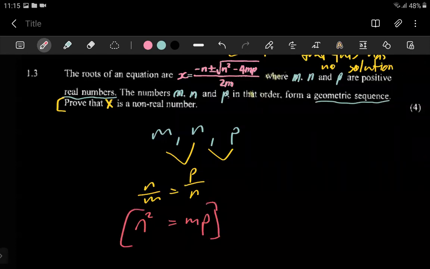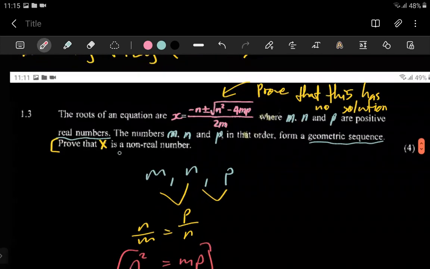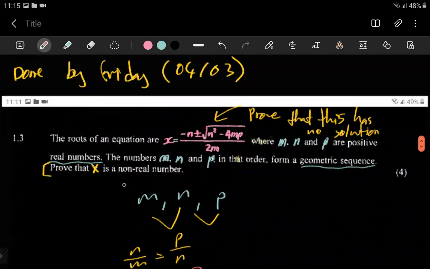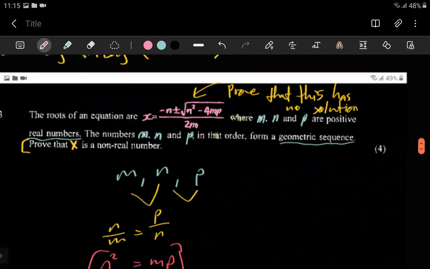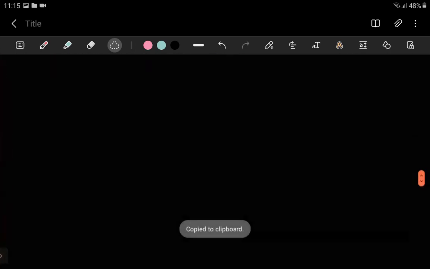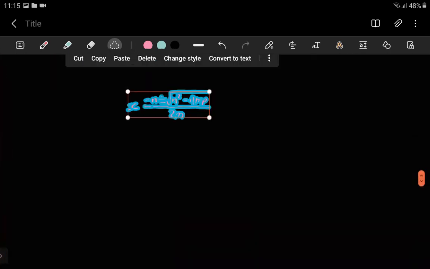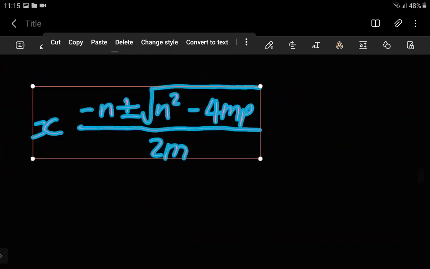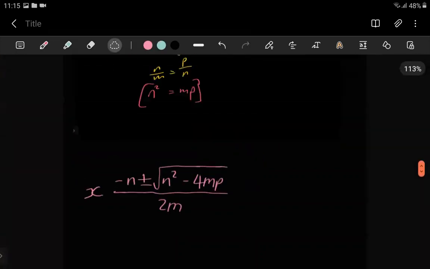Looking at the question again, they said we should show that x is a non-real number. Here we said prove that this has no solution. So looking at the expression that we have here, for this to not have a solution, we would want to focus on the one thing that determines what kind of answers we get.